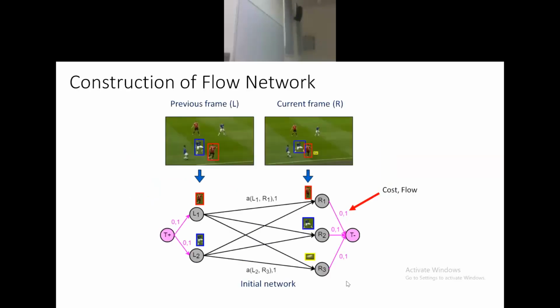If you have to model it in a network, the initial point is that here is a frame, let's call it frame L, the previous frame. Here is the right frame, maybe the 10th or 20th frame. Within a second the ball hardly moves, so you can consider the first frame and the 30th frame also. That's the left frame, that's the right frame. What we are interested in is the correspondence between these boxes, which are identified players and the identified ball.